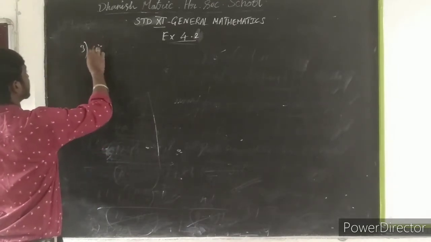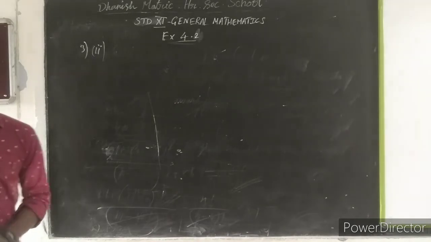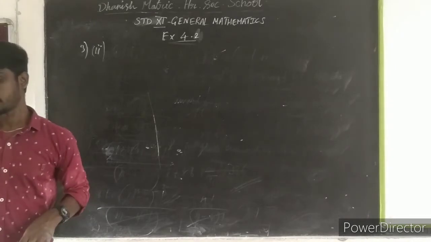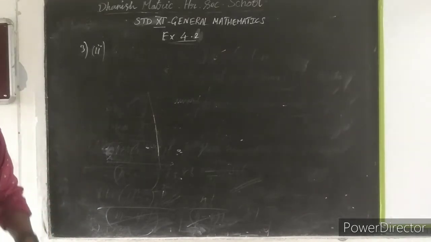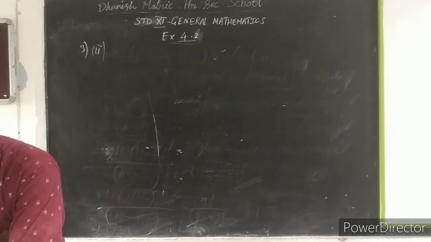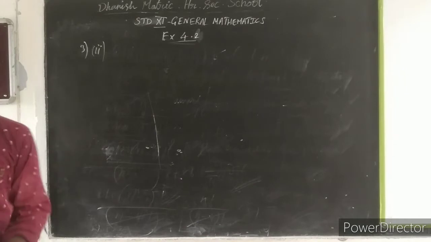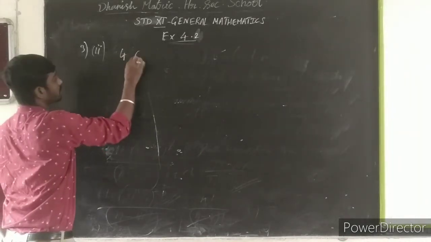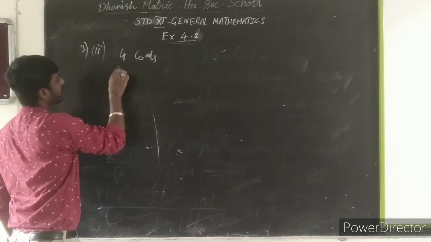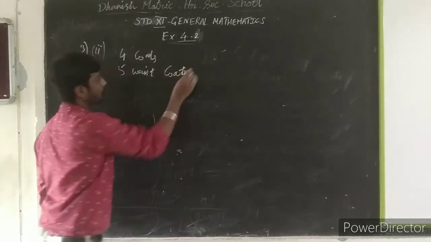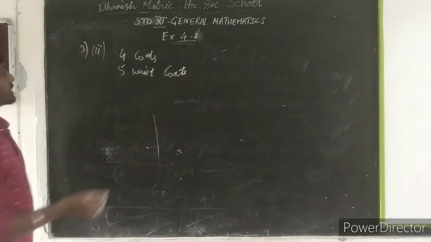So let's read the question here. 3 men have 4 coats, 5 waistcoats and 6 caps. In how many ways can they wear them? So what is the given data here? That is 4 coats, 5 waistcoats and 6 caps.